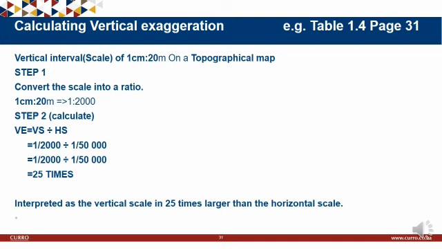The 1 is to 50,000 comes from the horizontal scale since we are using a topographical map. And then you use your calculator and you get 25 times larger than the horizontal scale, meaning the vertical scale is 25 times larger than the horizontal scale for us to meaningfully see the landscape. We have to make the vertical scale 25 times larger than the horizontal scale.